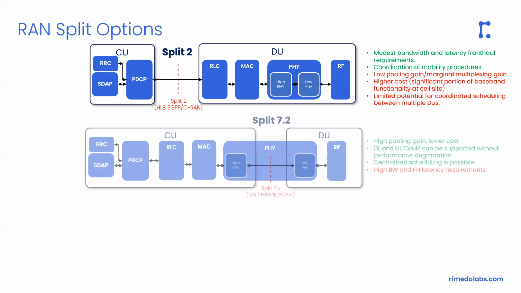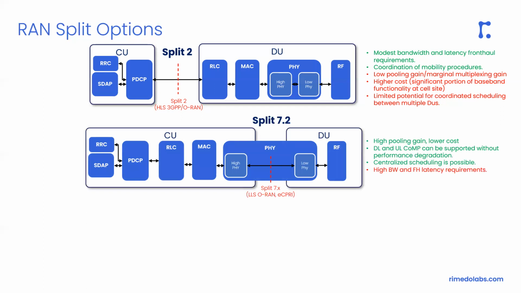There is another split that was defined by 3GPP along with 5G analysis when they were developing those systems in the beginning. That is called split 7. And split 7 is basically putting the fiber in between the higher and lower physical layer parts. Now, split 7.2 is a specific point between the IFFT processing and the low physical layer and the beamforming there, and the resource mapping at the high physical layer.